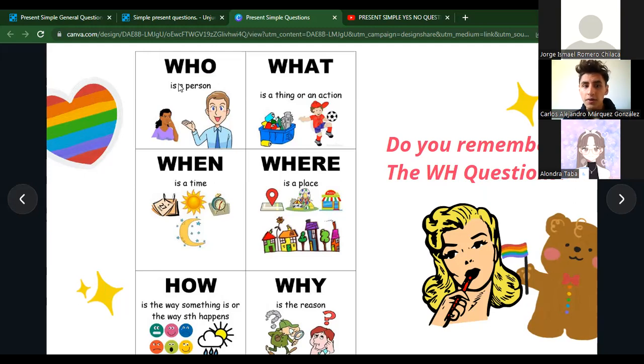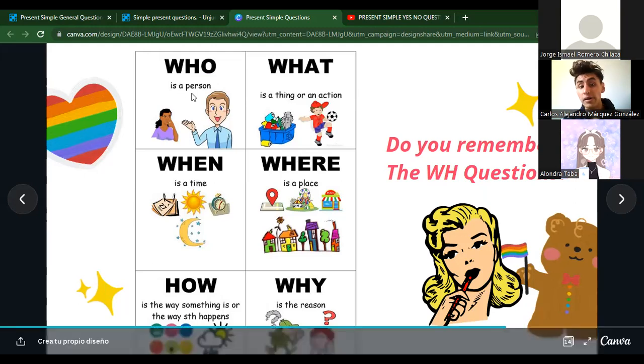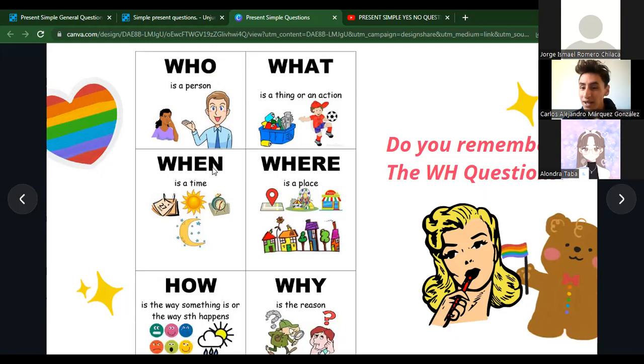We use who to ask about a person. Okay, remember who, quién. What? We use what to ask about things and actions. We use when to ask about the time. Cuando, when. We use where to ask about a place. Where, donde.